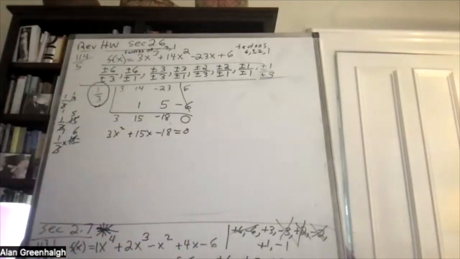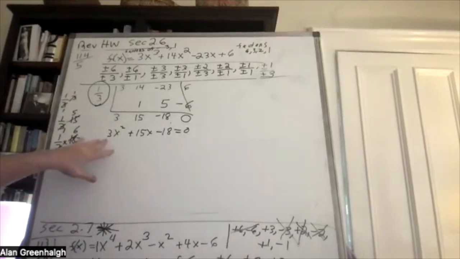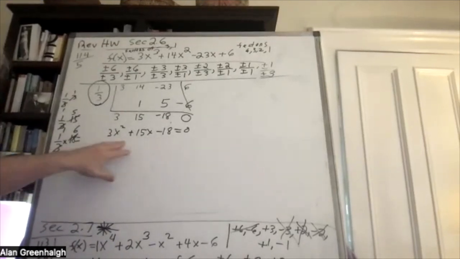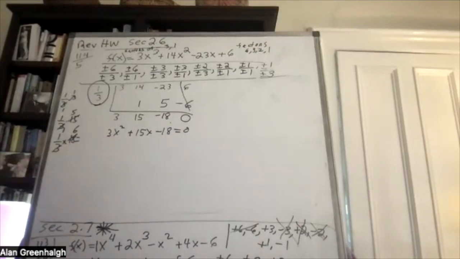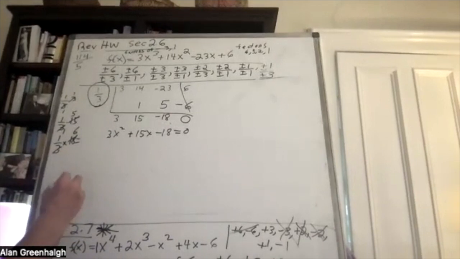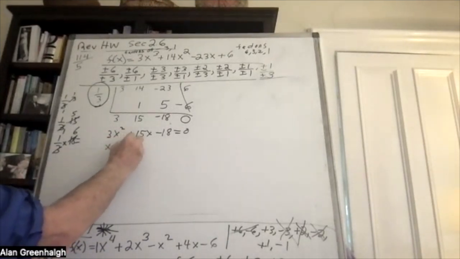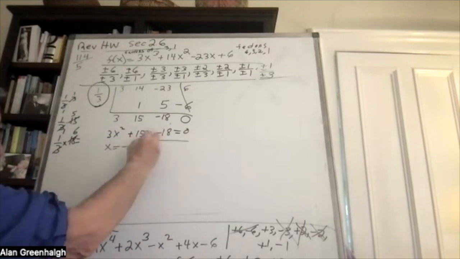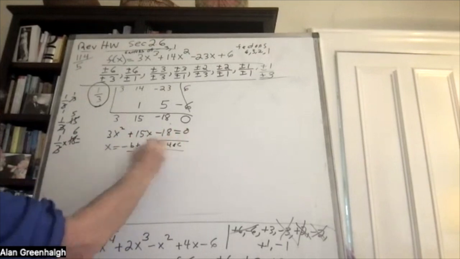If you wanted to find all the other values of x, you could use the quadratic formula. You could say, okay, x equals negative b plus or minus the square root of b squared minus 4ac, over 2a.